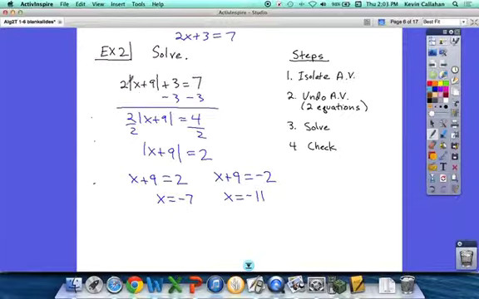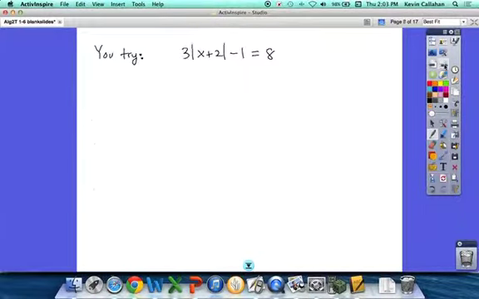Absolute value is 2. 2 times 2 plus 3 is 7. So they both solve it. That's what you expect. Absolute value, two answers. So try that one. Try to do the same thing: isolate, undo, solve, check.